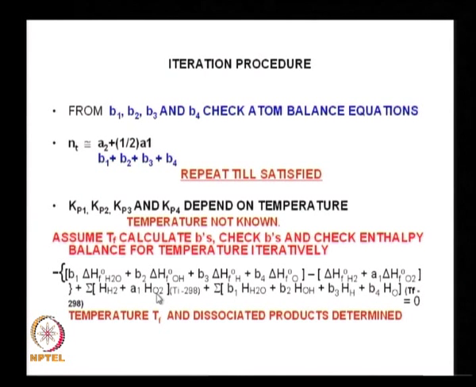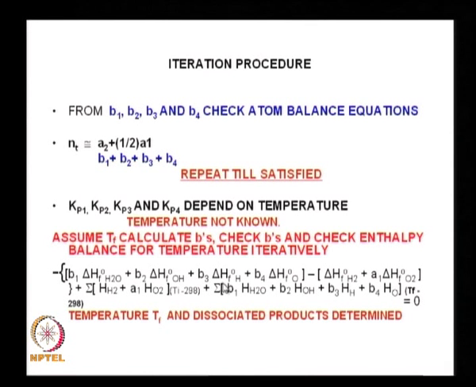Similarly for oxygen, from the liquid state to the boiling state, the latent heat, and then the sensible heat of the gas from the boiling temperature to 298. Plus for each of the moles I have the specific heat into the number of moles into Tf minus 298, and this must be satisfied if my values of B1, B2, B3 are correct at the temperature which I have assumed.